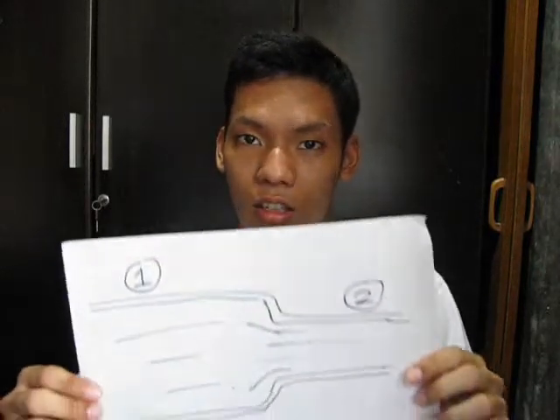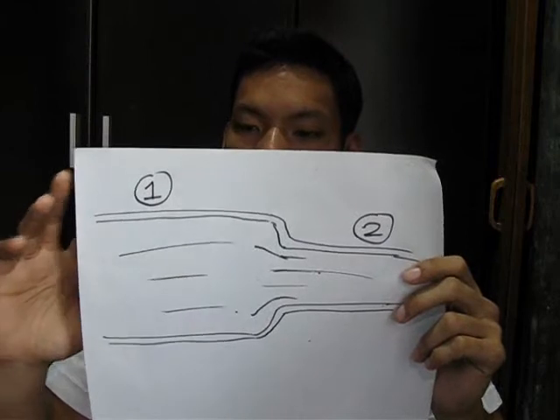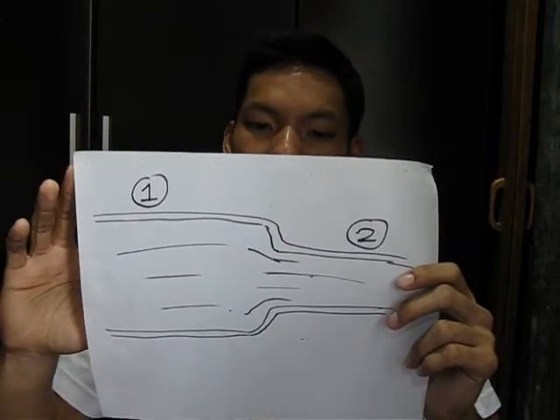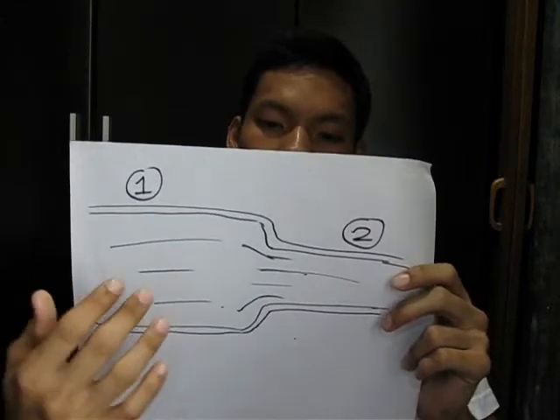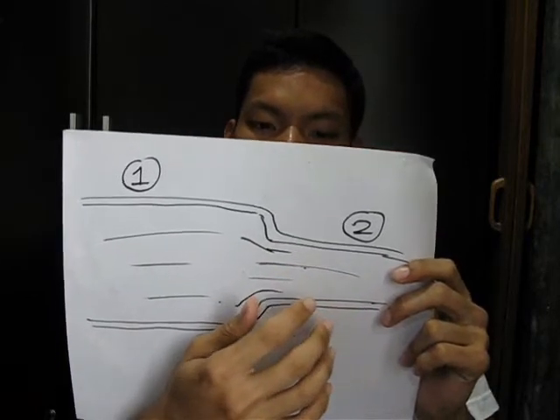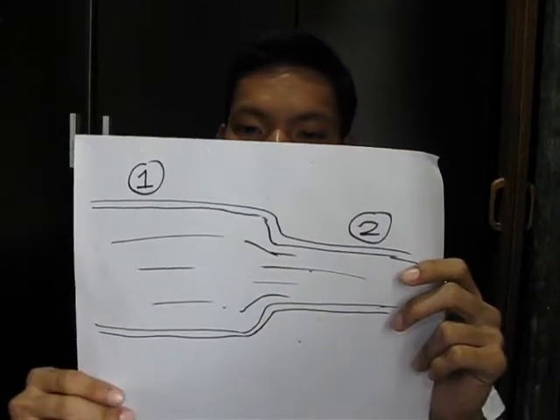Not all the problems have the same pipe size. What if you are given different pipe sizes? For example, this is a contraction. As you can see, point 1 is in the bigger diameter. You can see the diameter of the pipe is much bigger. Then it flows to point 2, and it becomes smaller.